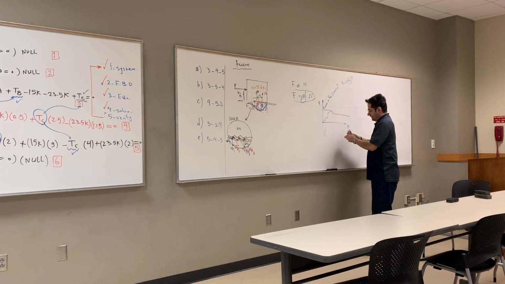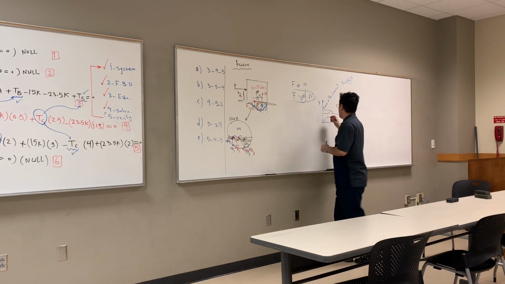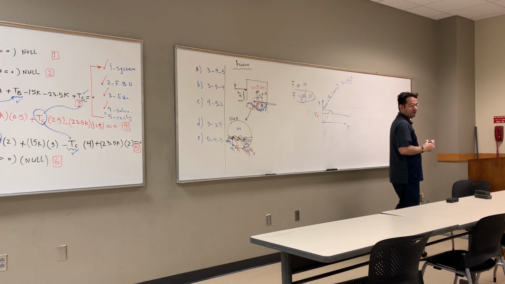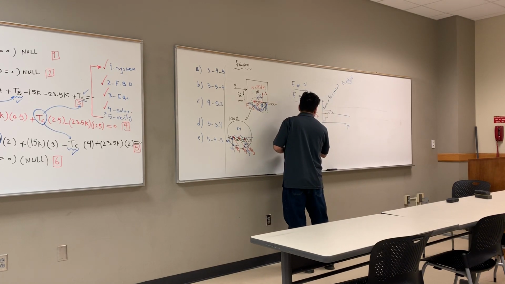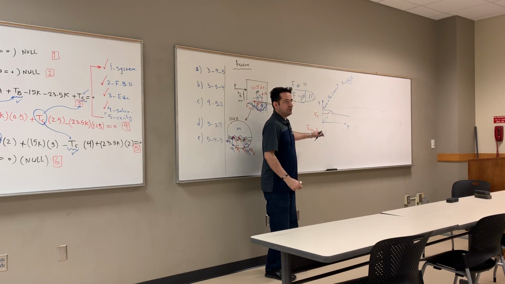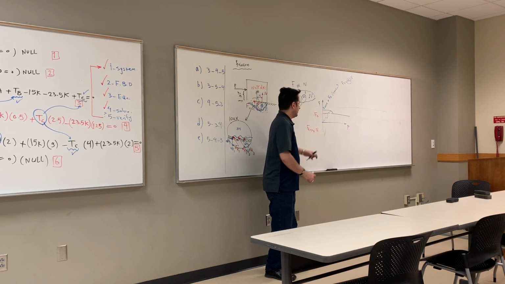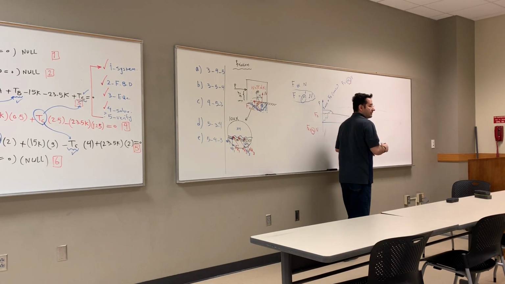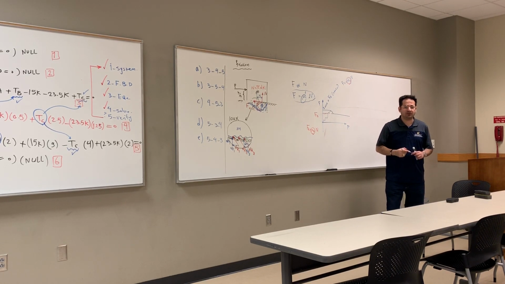Now, when it moves, this value is called Fk, where k means kinetic friction. And so Fk is equal to mu k times N, the coefficient of kinetic friction times normal. So the only difference is the numerical value of these two. Everything is the same. You can always say F is equal to mu times N, right?